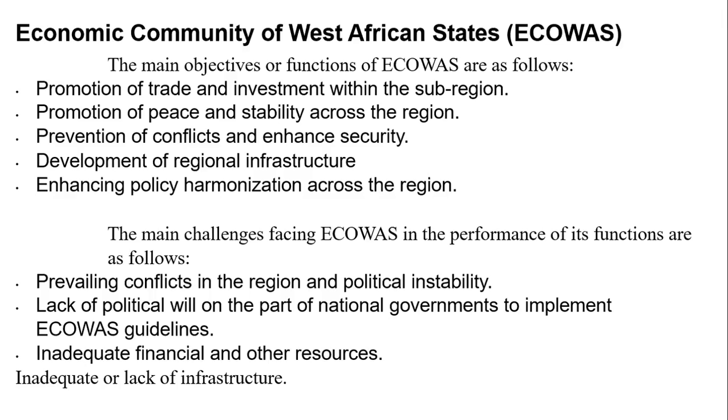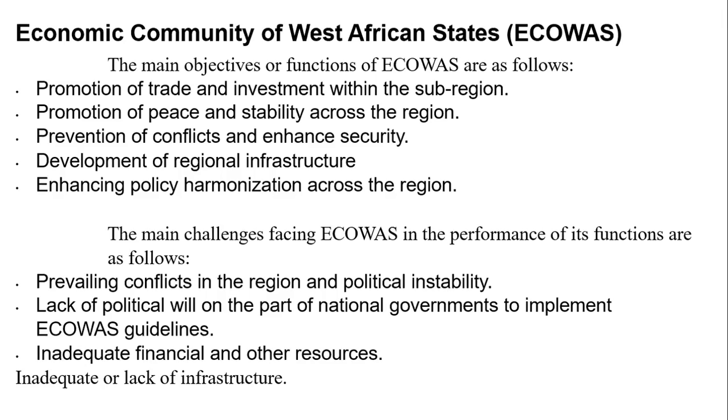And the fourth objective is the development of regional infrastructure. Not just a few countries developing, but the objective of ensuring that the whole region develops, the infrastructure of the whole region develops. And the last objective is enhancing policy harmonization across the region, to ensure that there is harmony in economic policies across the region.